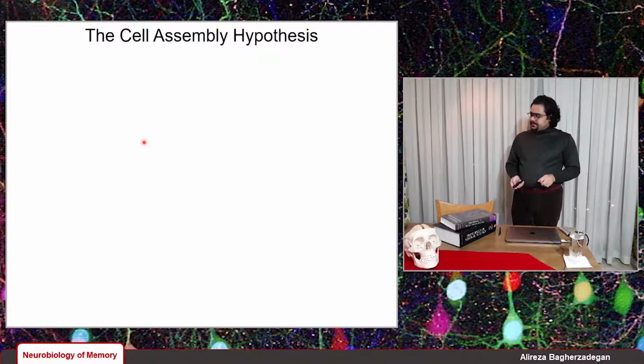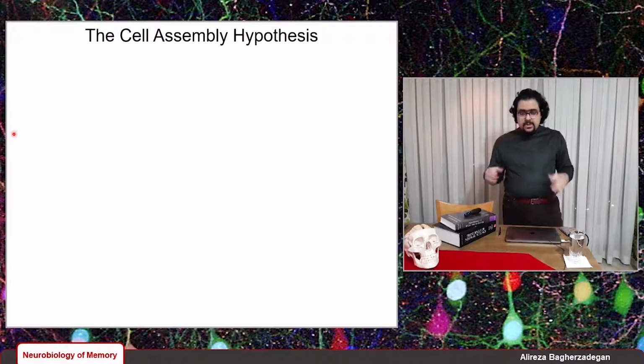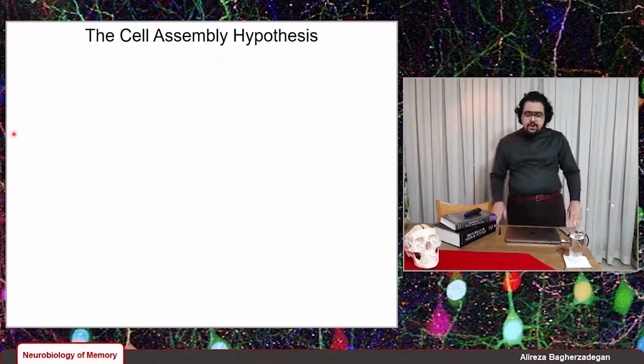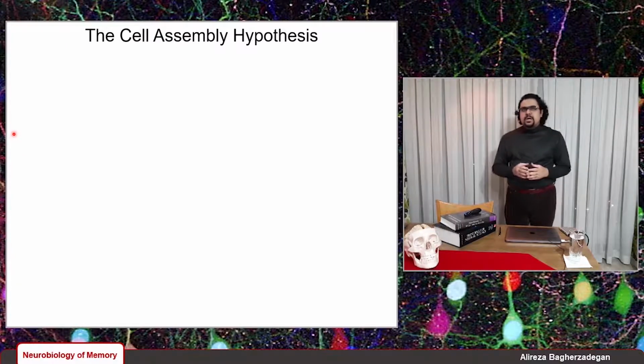Okay. Let's go to the cell assemblies first. Let's define cell assemblies. As I understood, cell assemblies are just a group of neurons that fire at the same time. This is a very informal definition.